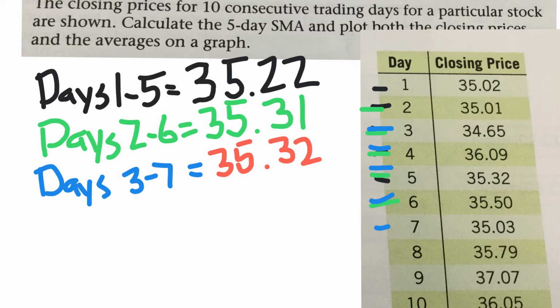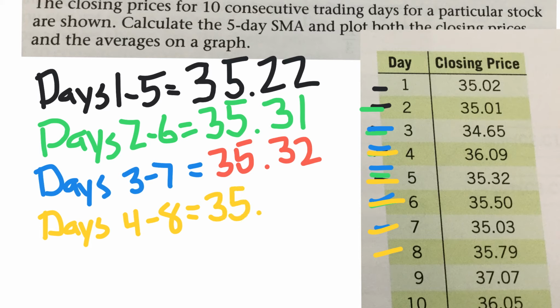Okay, and then go 4 through 8. You should get 35.55.